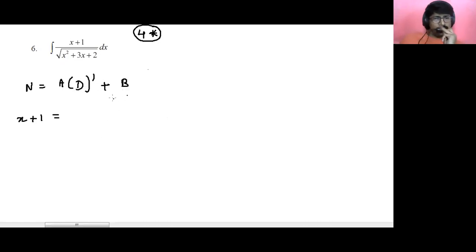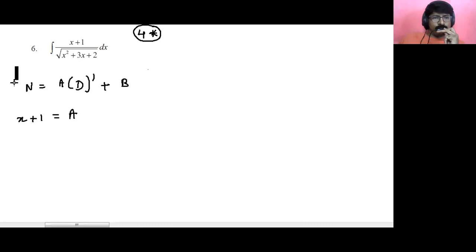Okay, this is the standard format. Okay, guys, this is the standard format. So a into what is the derivative of the denominator? One second. So you have to remember this format whenever it's in the numerator. Okay, I'm so sorry.